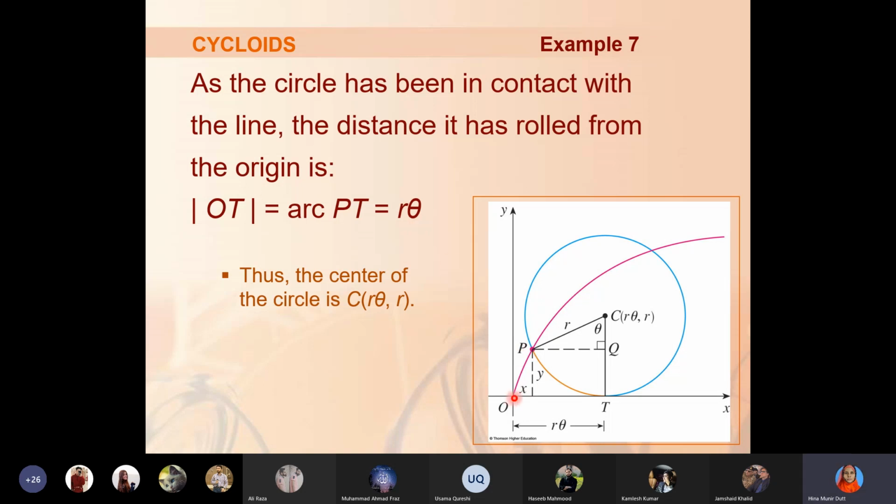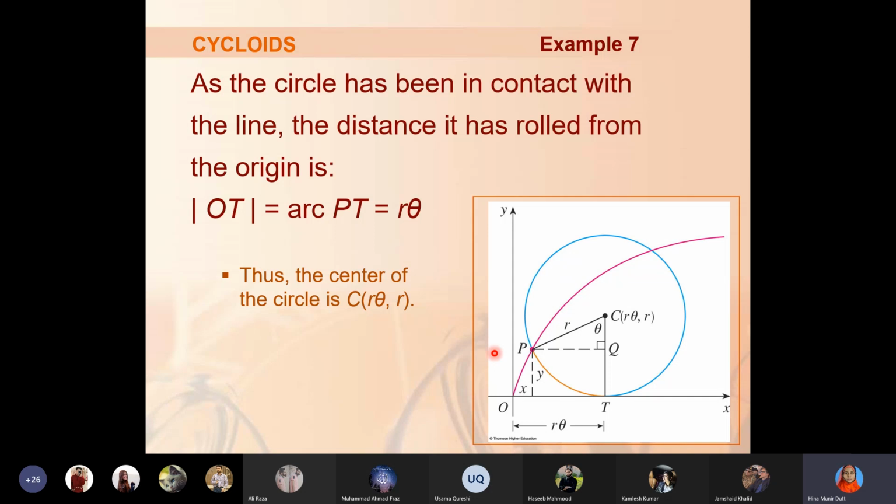This is the distance the circle has rolled from the origin. Practically, if you rotate the circle, you will see that this distance OT is equal to the arc PT.